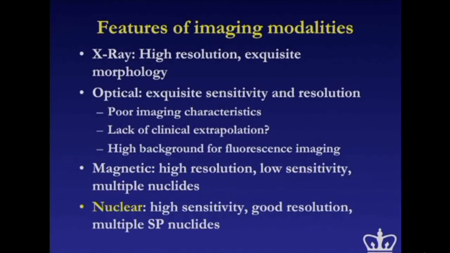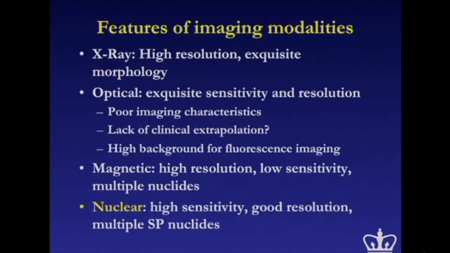Magnetic imaging is also wonderful, and especially in this day and age, like optical imaging, there's no ionizing radiation involved. And when there's no ionizing radiation involved, it's always much easier to study the modality because the modality is allegedly safe. So magnetic resonance enables us to get very high resolution structural information of a variety of processes.